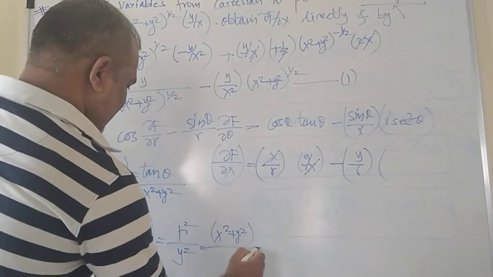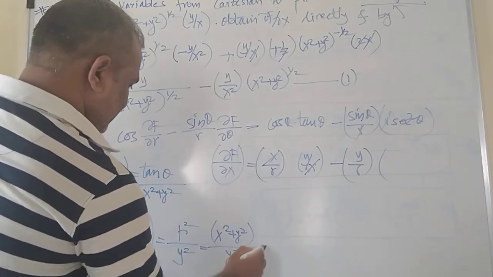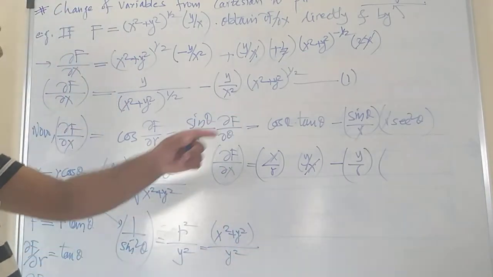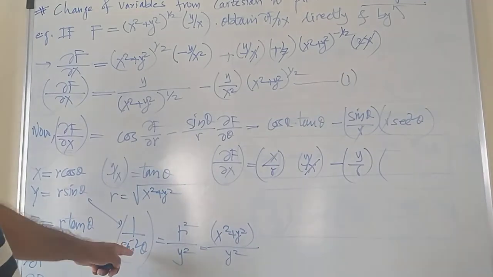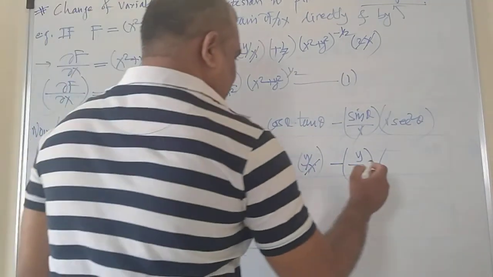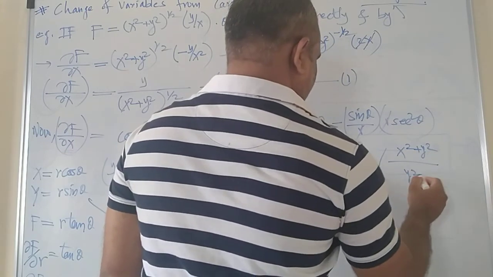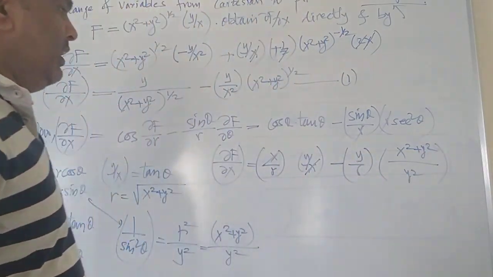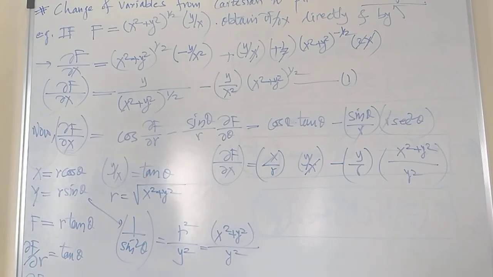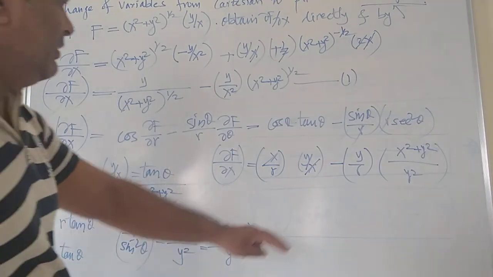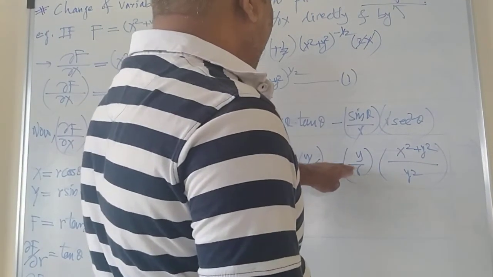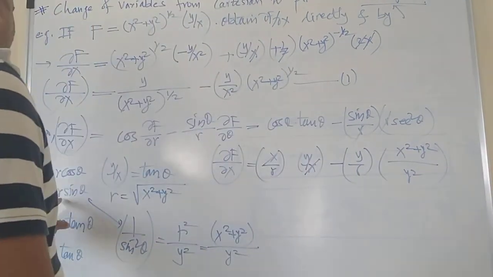Half into square will become only this one. Now put this in there. So 1 upon sin square theta becomes x square plus y square upon y square. Got it? So what is this? This is y by sin theta, no? Sin theta is y by r.